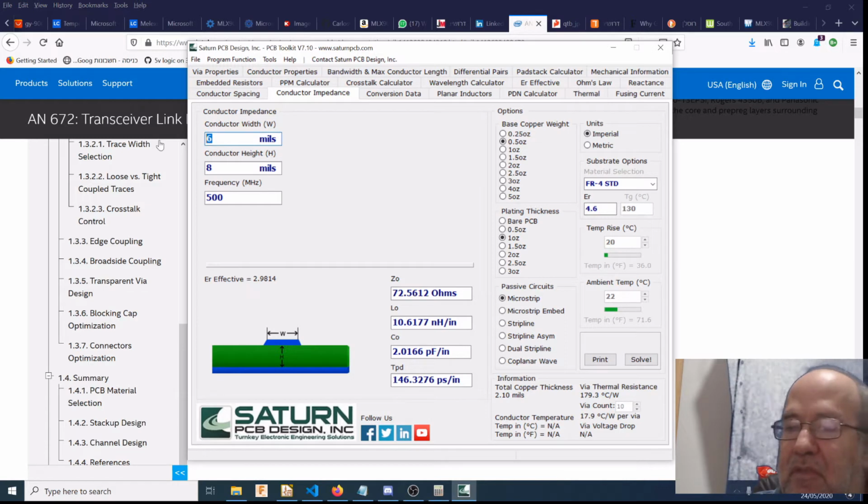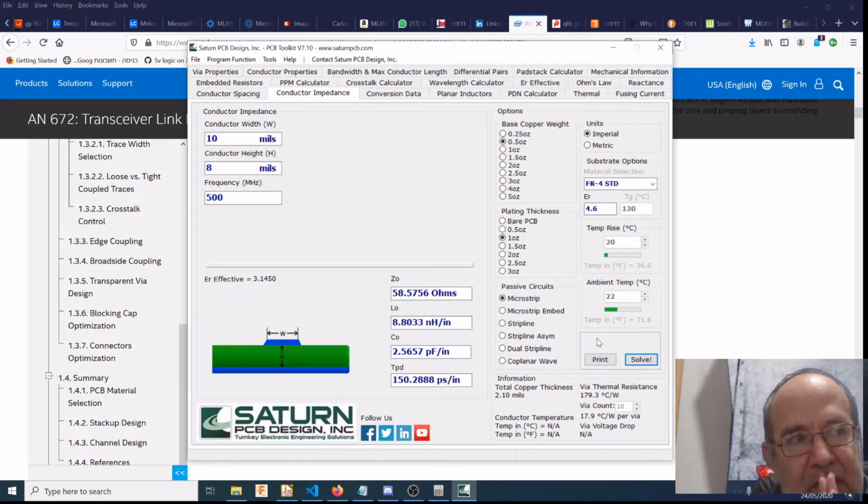If I go to, say, a 10 mil trace, I'm roughly at 58 ohms. I'm now going to describe why on a two-layer PCB it is very, very difficult to have a characteristic impedance.